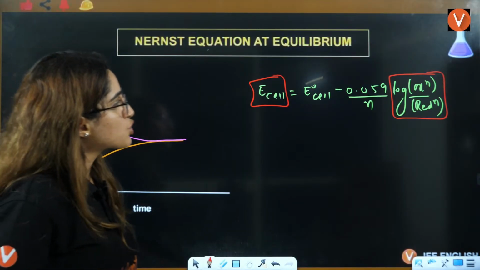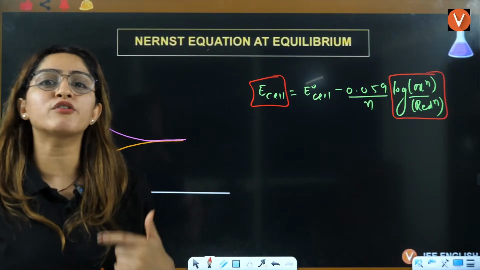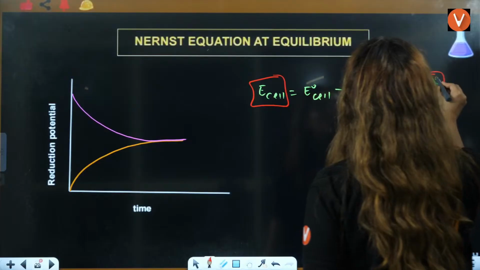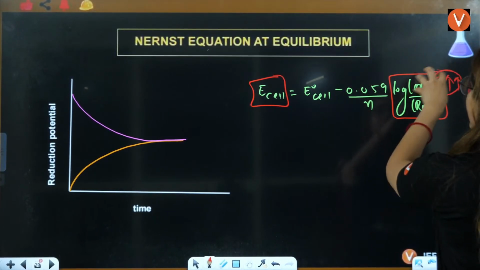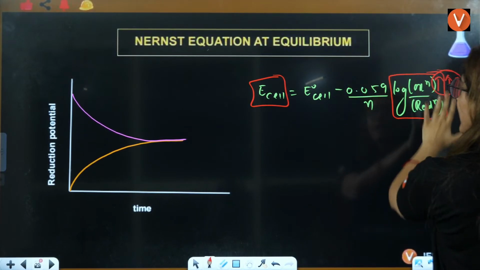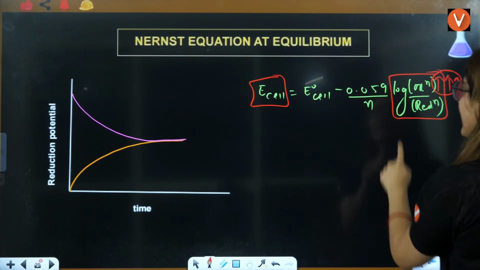So, when the reaction is proceeding, we know that product formation is increasing. That means this value is increasing, and when this particular value is increasing, the whole log term will increase. That means this whole value will decrease.